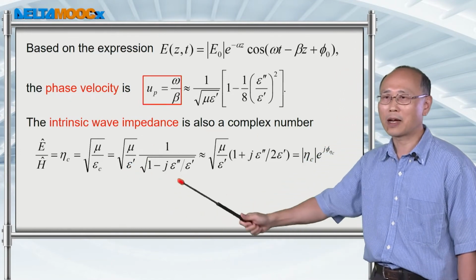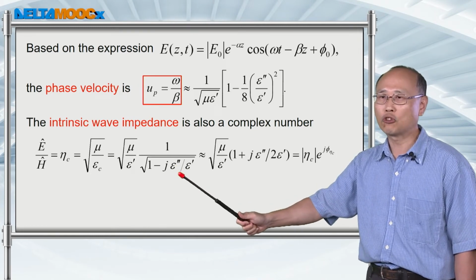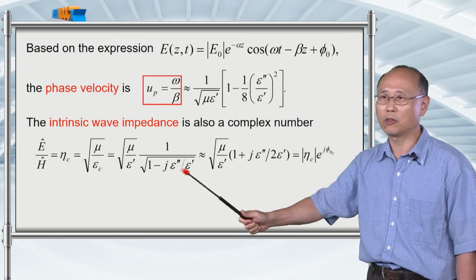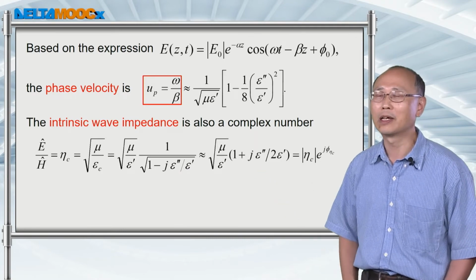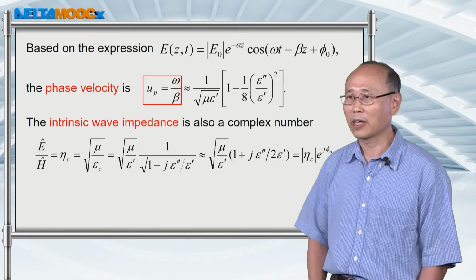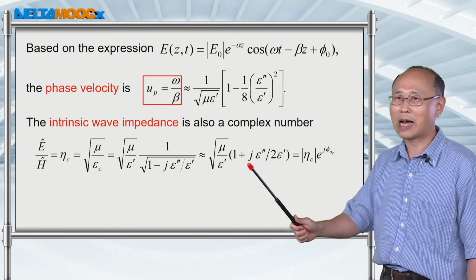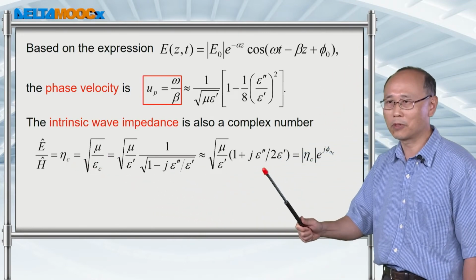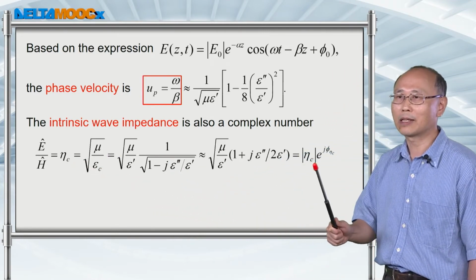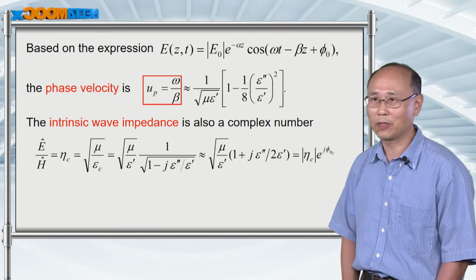So if you adopt the Taylor expansion by assuming this ratio to be small, then you can come up with the expression. It looks a little bit complicated, but the point I want to tell you is that now the ratio is going to be a complex number.